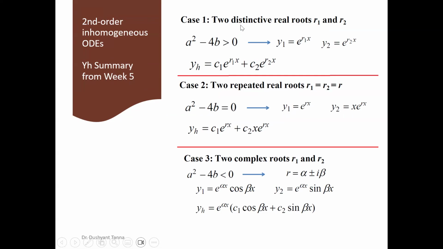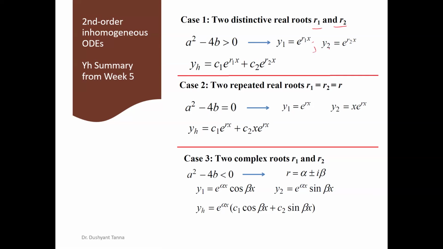Case 1, 2 distinct real roots. So different, distinct, another word, different, they are not the same. So the discriminant of that equation, a squared minus 4b, is greater than 0, not equal to 0. We are just restricting to greater than 0. So your y1 is e power r1x, when r1 and r2 are the roots, as we mentioned here.